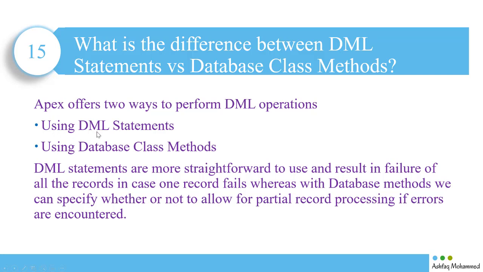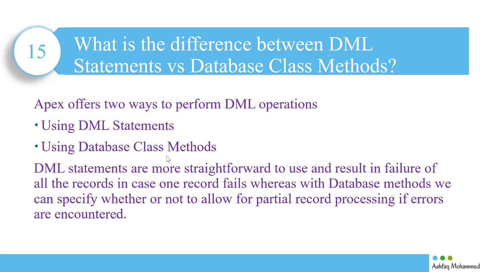In those scenarios, DML statements will not work, because DML statements will fail everything. If I'm inserting 100 records and one record throws an error, it will fail all 100 records. But if I use the Database class, 99 records will get inserted and only one record fails. We can take care of that one record later on.